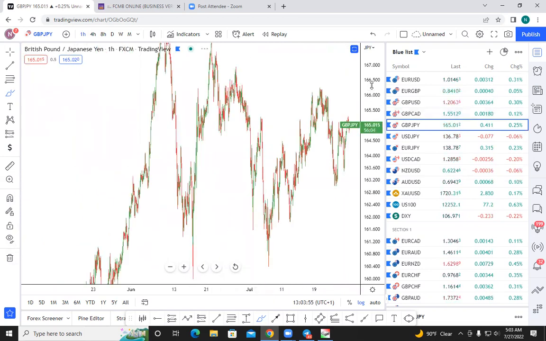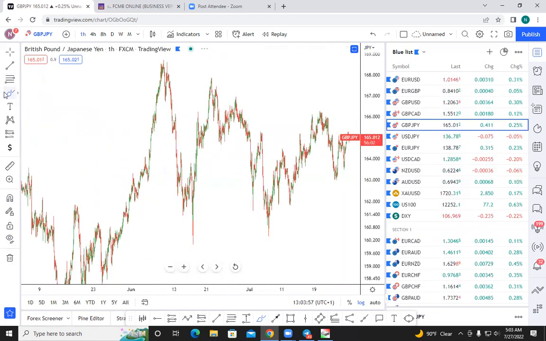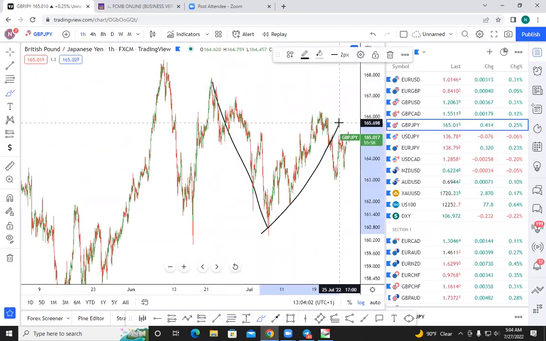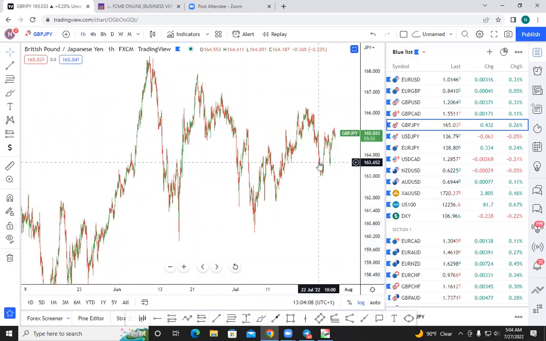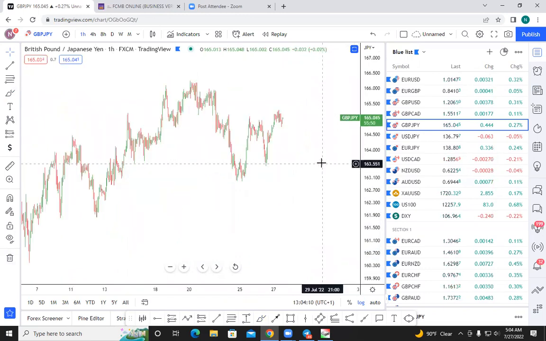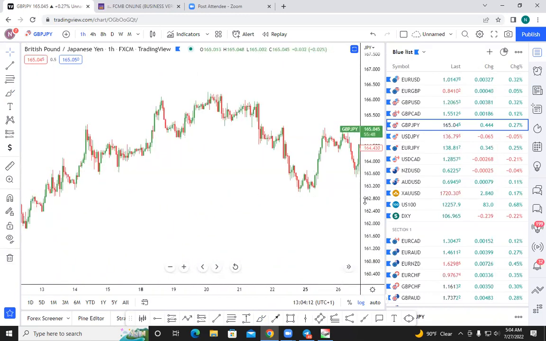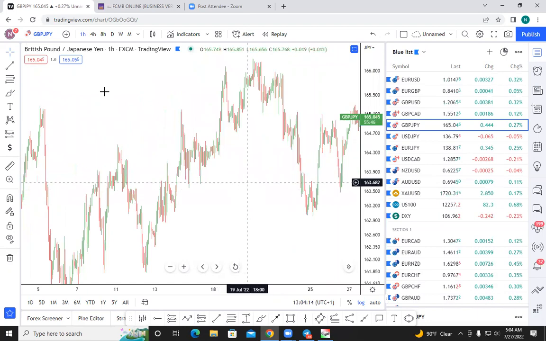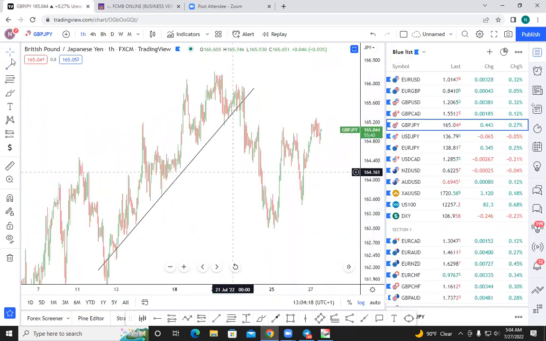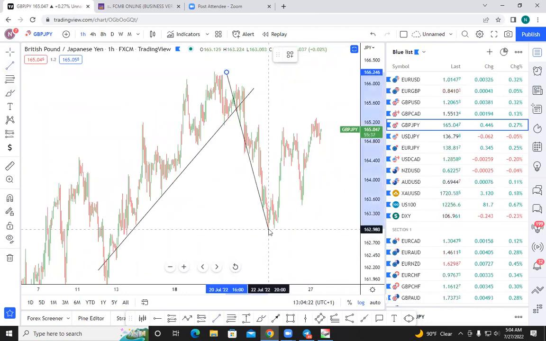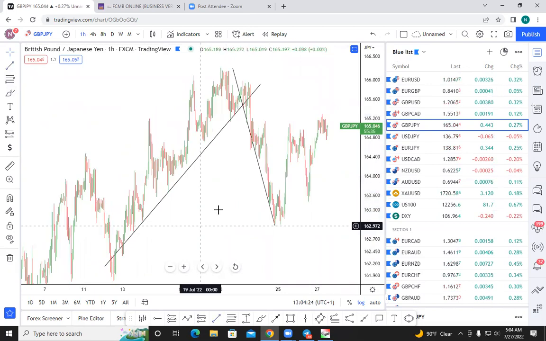You see, if this correction is enough, after this push down, then you need another push down. So in seeing another push down, you can as well think that this move to the downside is the first move after this break of trend here. Can you see that is being corrected here?